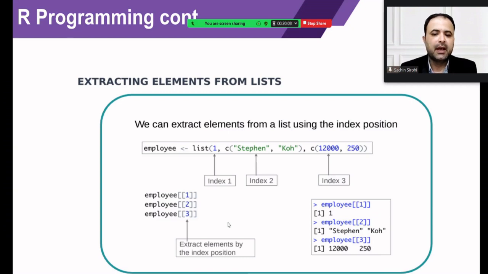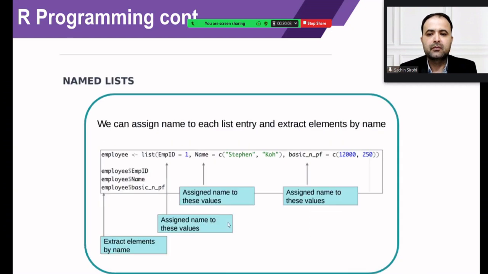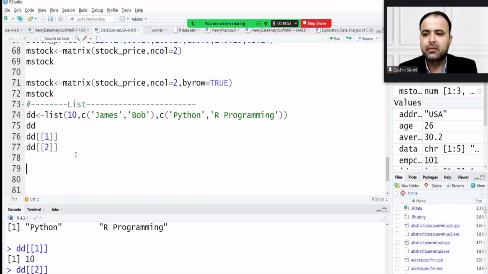So now it is extracting an element by the index position. Now, named list. Obviously, we can give a name to a particular list, and we can also find elements with the help of the name. Named list.